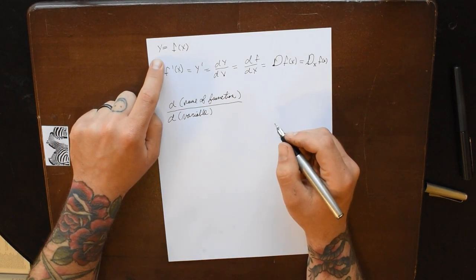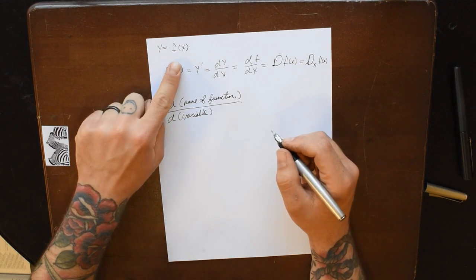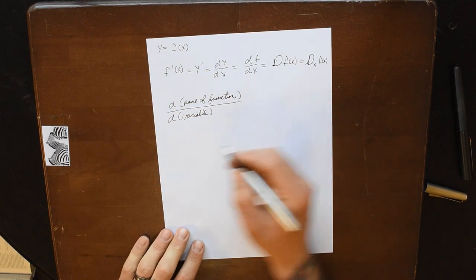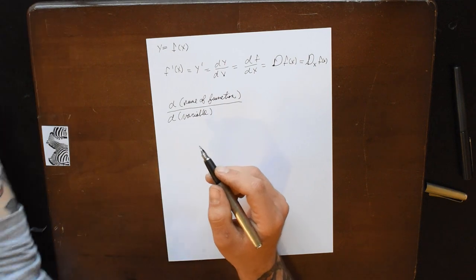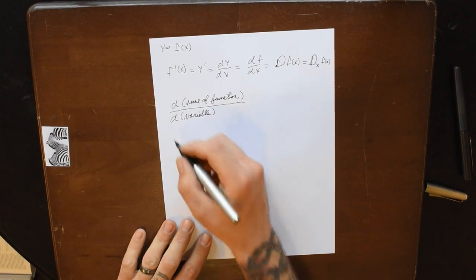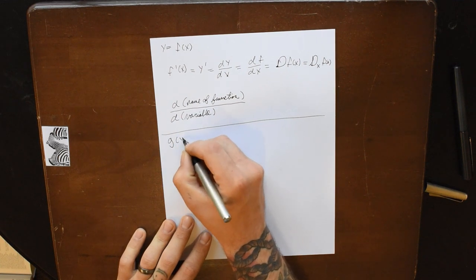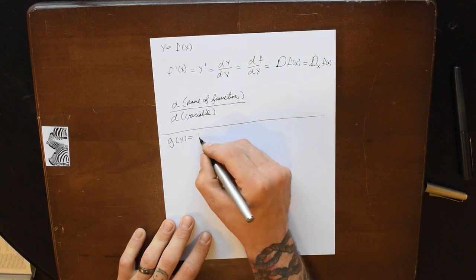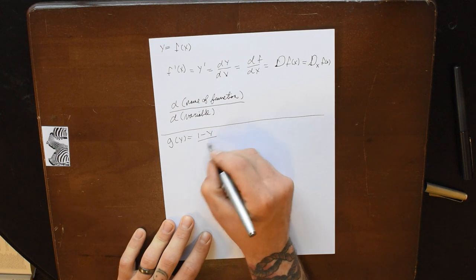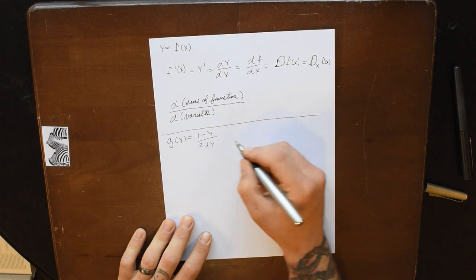So, because we have been taking the derivative of f with regards to x in the previous example, there would be nothing wrong if we said g of y was equal to 1 minus y over 2 plus y.